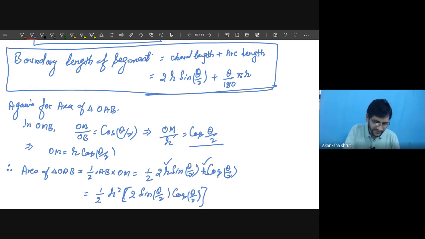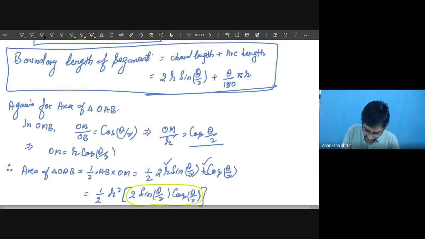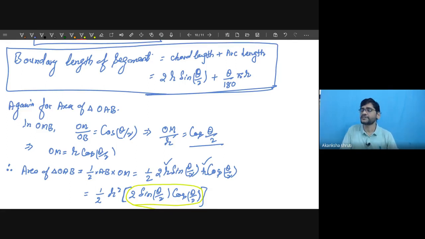Student, at your level this formula is not given, but collectively 2r sine of theta by 2 and cos of theta by 2, this part, means with this 2 before sine theta by 2 and cos theta by 2, it can give us sine theta only.